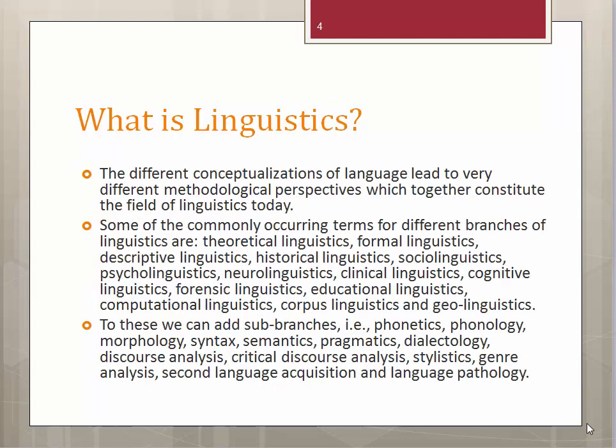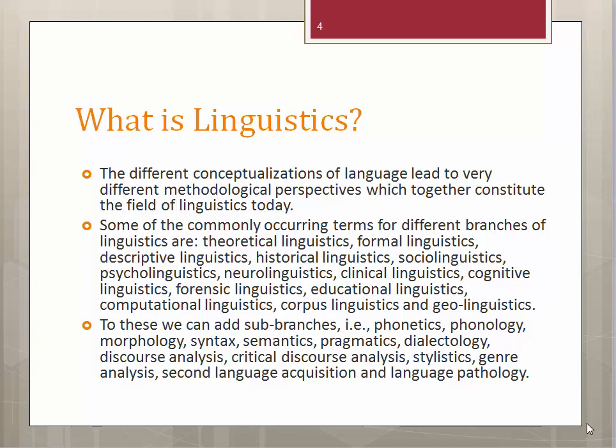Now coming to our next question, what is linguistics? The different conceptualizations of language that we studied in the previous slide lead us to very different methodological perspectives, which together constitute the field of linguistics.